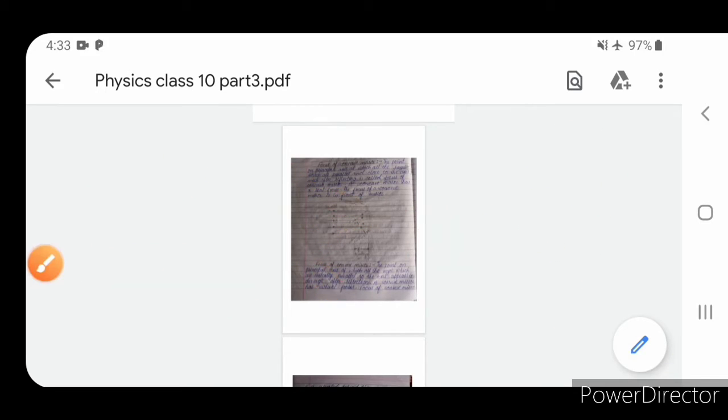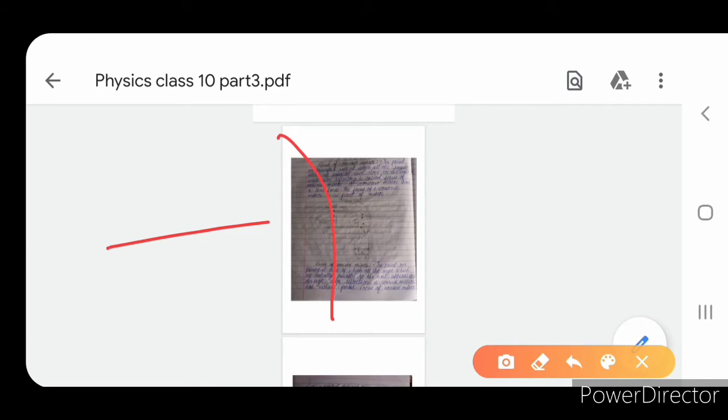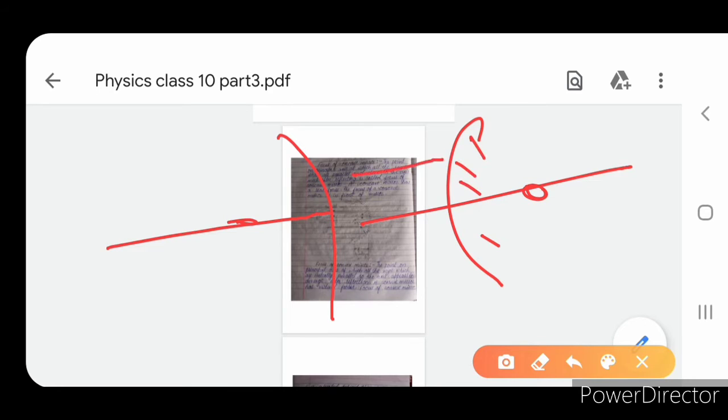So the focus of a concave mirror exists really, but the focus of a convex mirror is an imaginary point. We just assume it, because the mirror is an opaque object and light cannot cross it. Actually light reflects in this direction, but we assume that the rays appear to meet at that point.